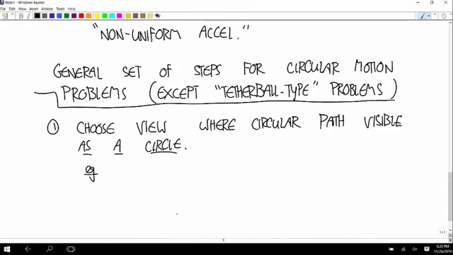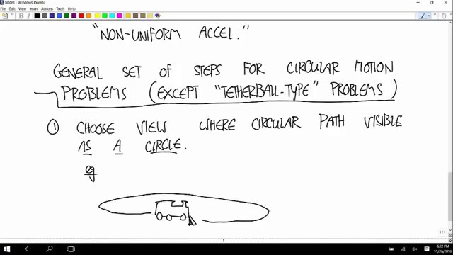Here's an example. Say that you're doing a problem with a toy train, because I'm really good at drawing this train shape. This train goes around a circular path like this.